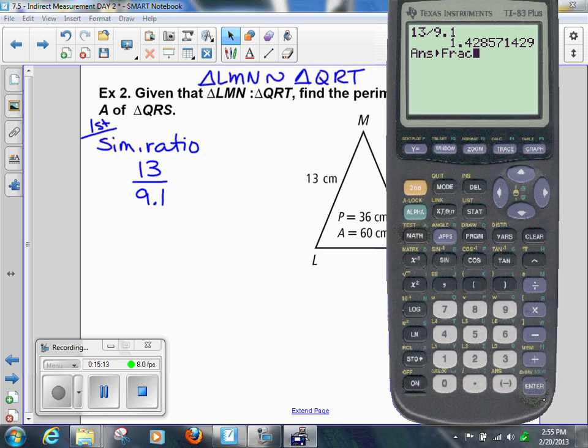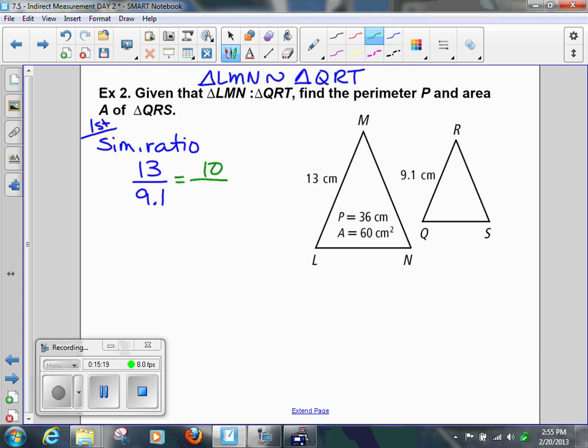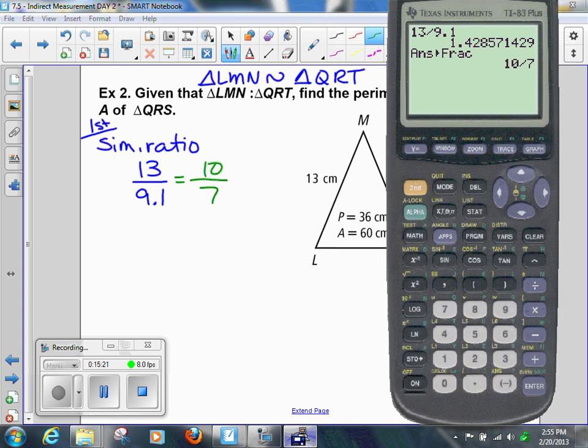Let's see what happens. What was it, 10 over 7? Okay. So our similarity ratio, because I don't want a decimal within a fraction. That's just weird. They don't mix. I want a fraction, 10 over 7. Thank you, Daniel. Now, listen.